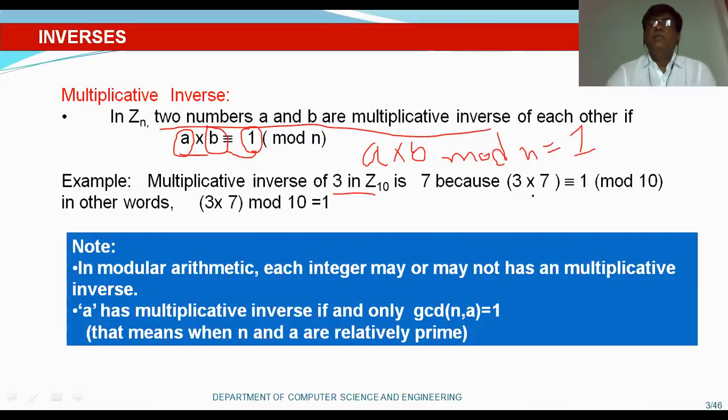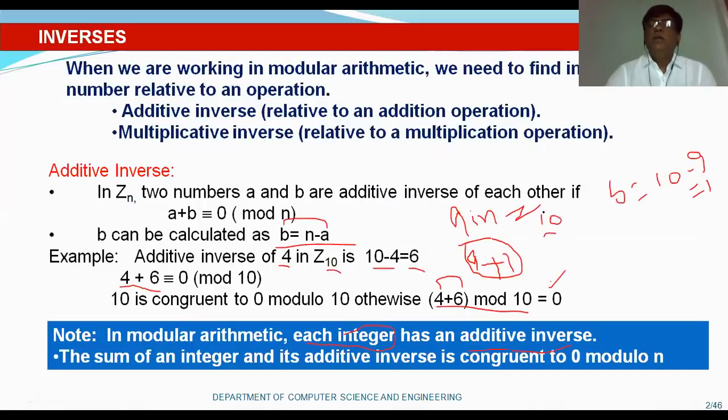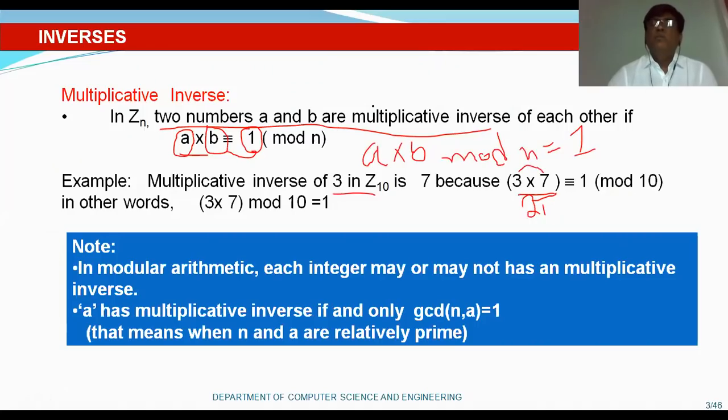The multiplicative inverse of 3 is 7, because when you multiply 3 with 7, the answer is 21. Whenever you divide this 21 by 10 with modulo, you get remainder 1. So 21 mod 10 equals 1.